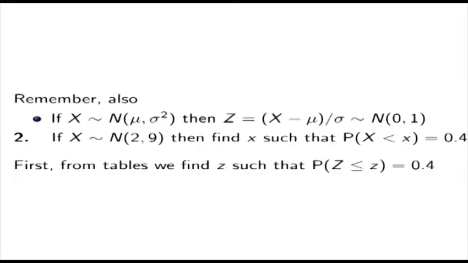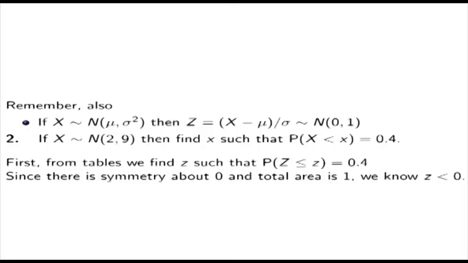So we're looking at the inverse tables, the second batch of tables we referred to earlier. First of all, we could look at our inverse tables for a standard normal. We can find little z such that the probability of being less than that for a standard normal is equal to 0.4.